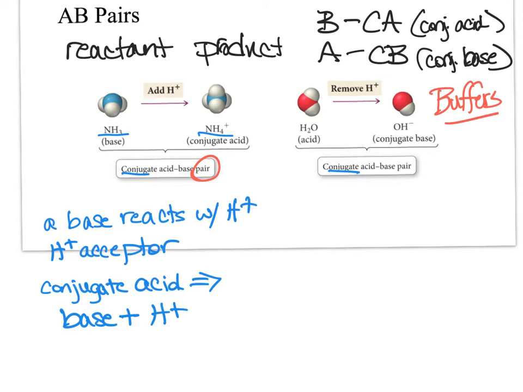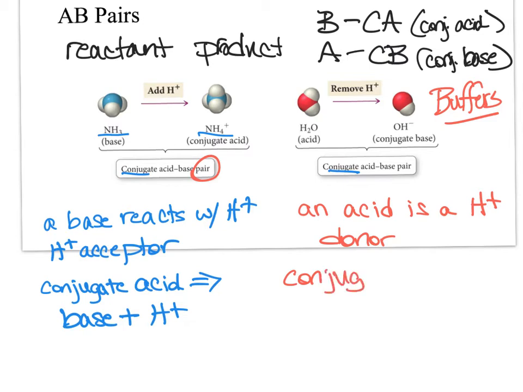All right, so let's look at the example of the conjugate acid-base pair in the second example. The Bronsted-Lowry definition of an acid is a hydronium donor. So the conjugate base is the acid minus hydronium. All right, let's look at a couple of examples.